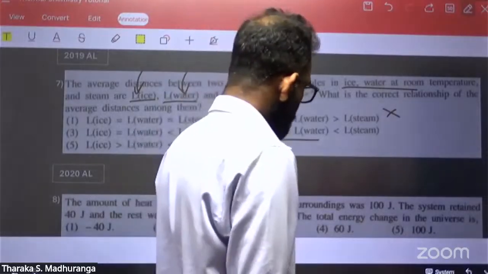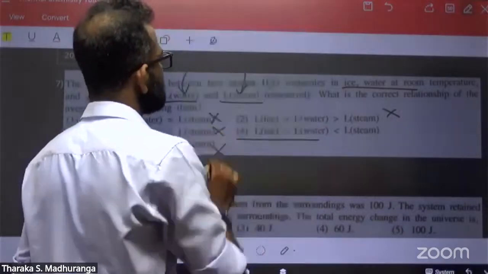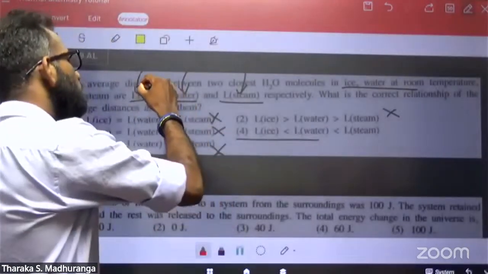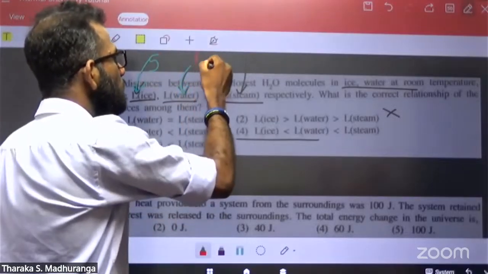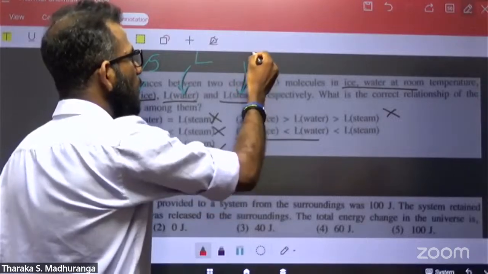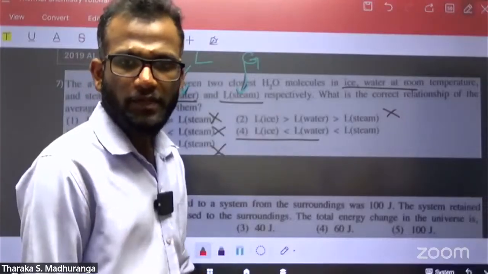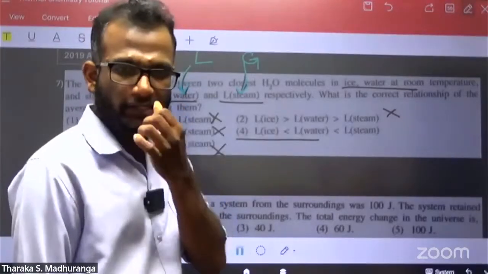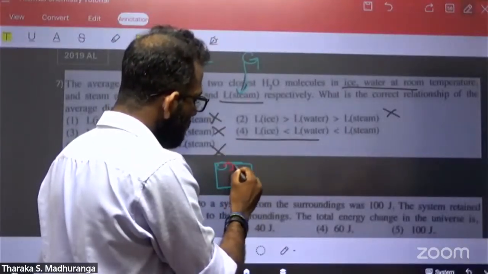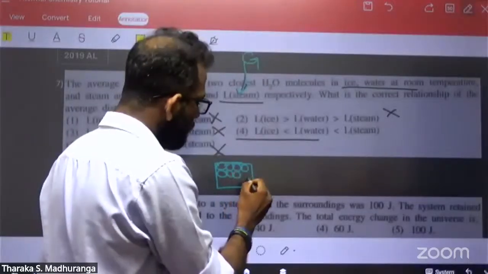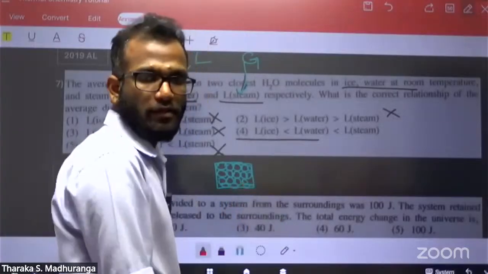It is simple, yes? Ice means solid, water means liquid, steam means gas. They are the main physical states of matter. In a solid, the molecules are tightly packed; the spaces are very limited. That is a solid.